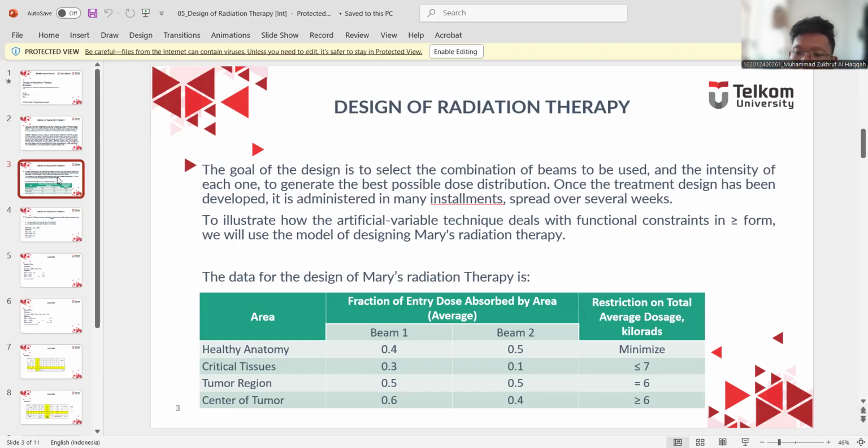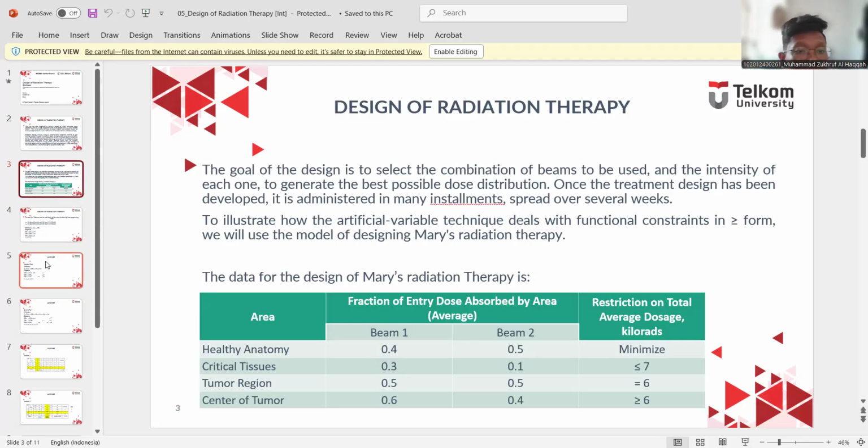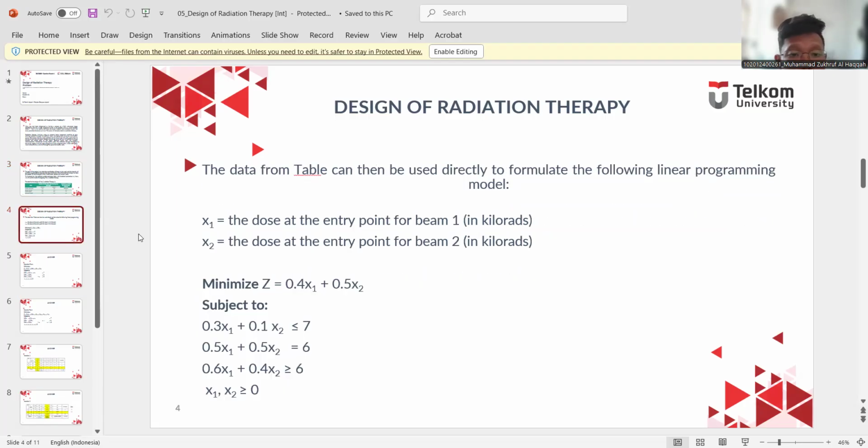We have collected data on the fraction of the entry dose absorbed by each area. We formulate this as a linear programming model where x1 equals the dose at the entry point for beam 1 in kilorads, and x2 the dose at the entry point for beam 2 in kilorads.